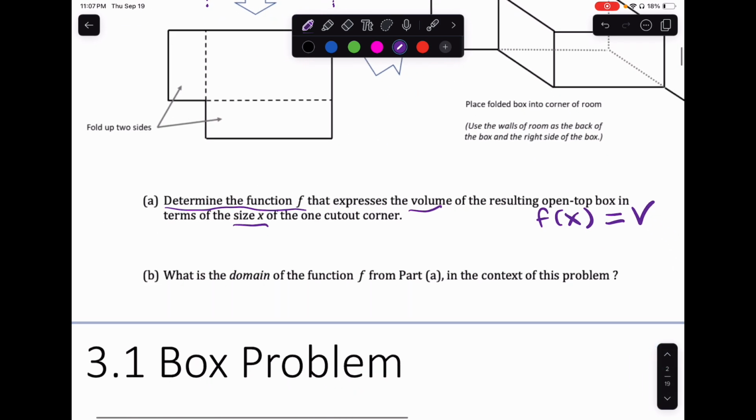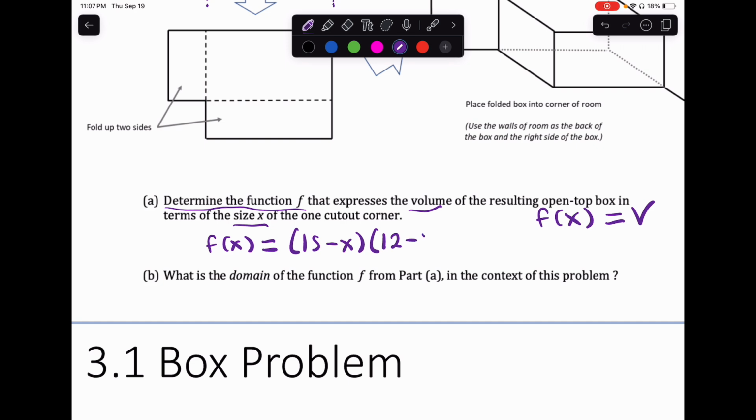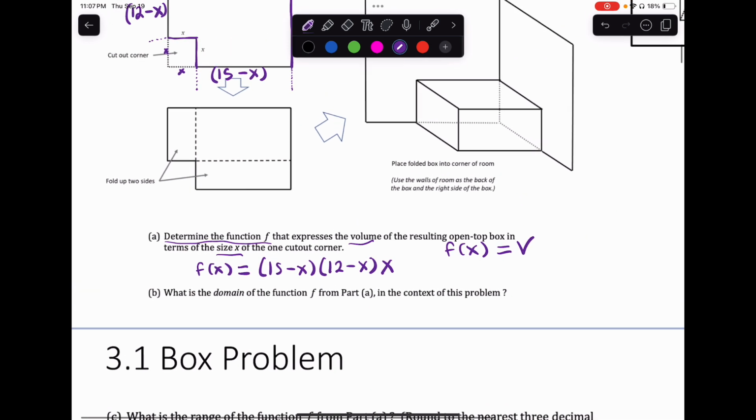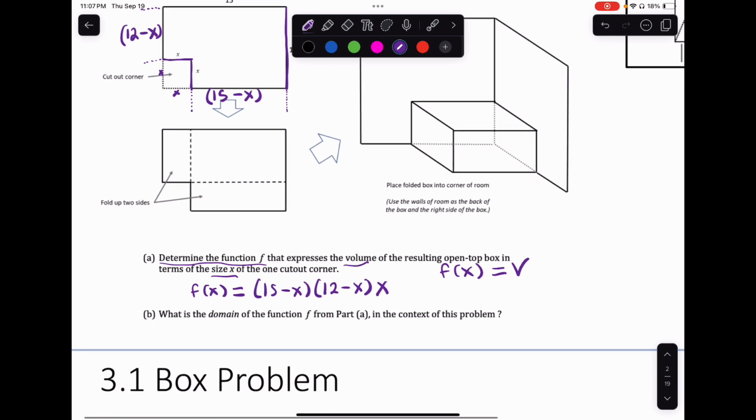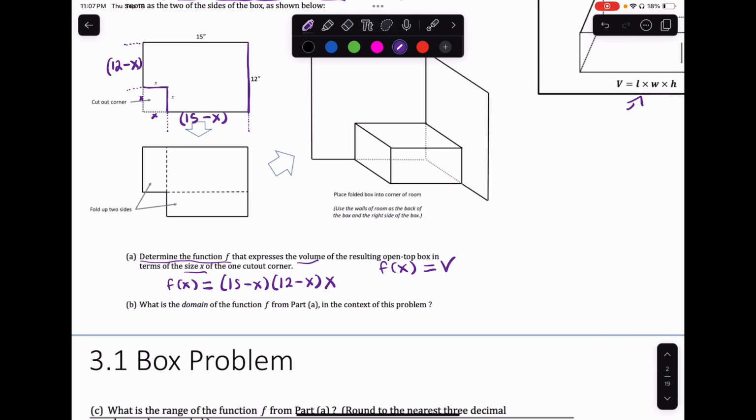So for the volume, we have that f of x equals 15 minus x times 12 minus x times x.